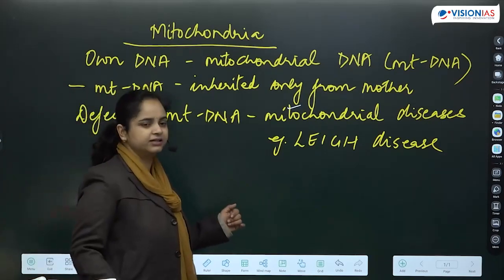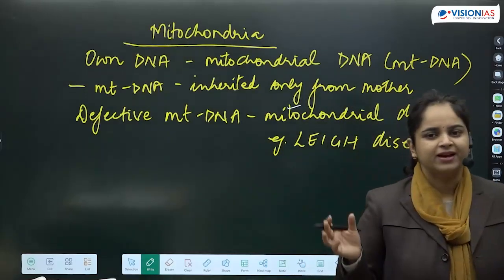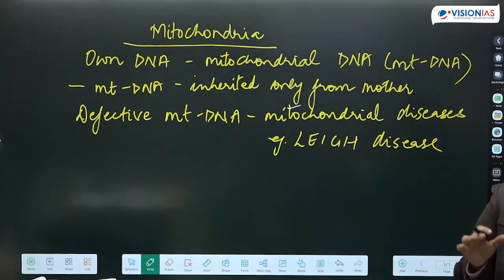Now, when inheritance was taking place through both the parents, then we were actually making those Mendel's cross to see कि बच्चों में disease आएगी या नहीं आएगी, or will they be carrier or will they be normal, or what is their scenario going to be.